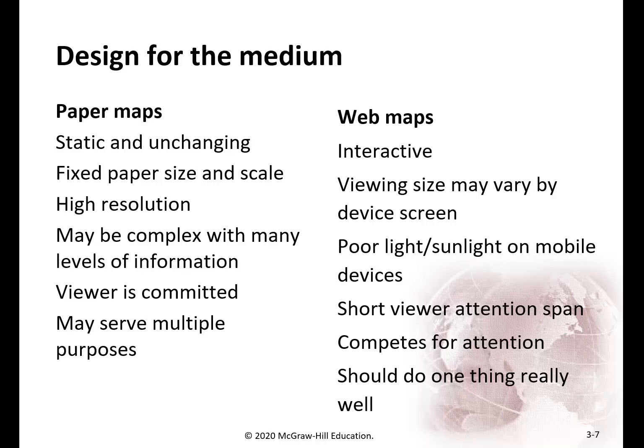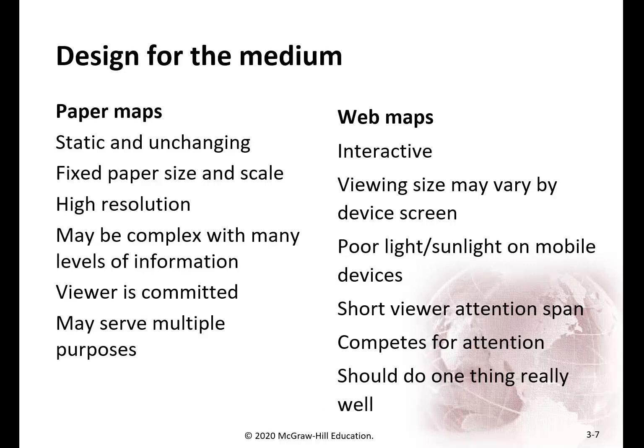So while paper maps remain static and are not going to be able to change, web maps are going to be interactive, meaning we can zoom in, zoom out, set different viewing sizes depending on where we're zoomed in or out. And so the conditions of use for the different type of medium that we are going to be presenting our map data in will also be of importance to take into account as we are designing and considering the purpose of our map.